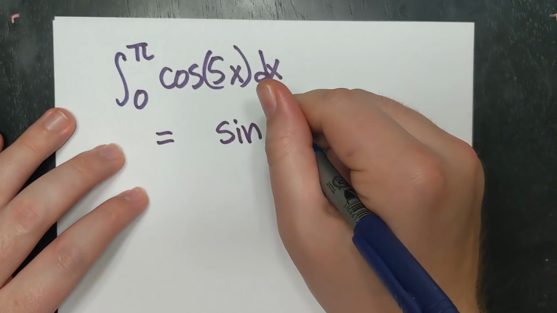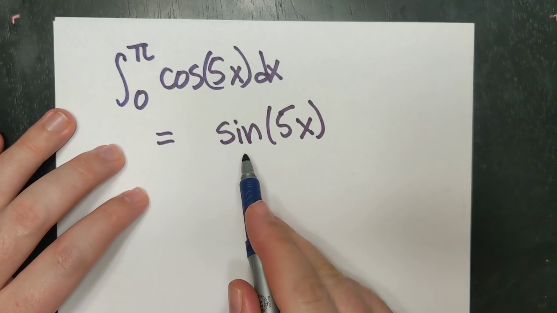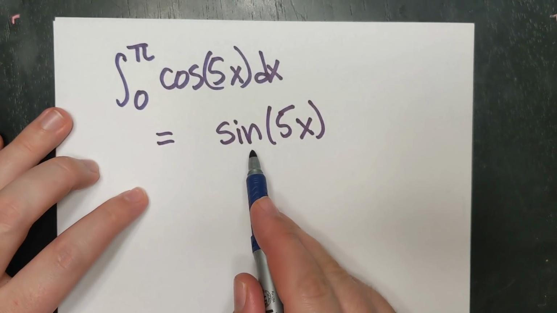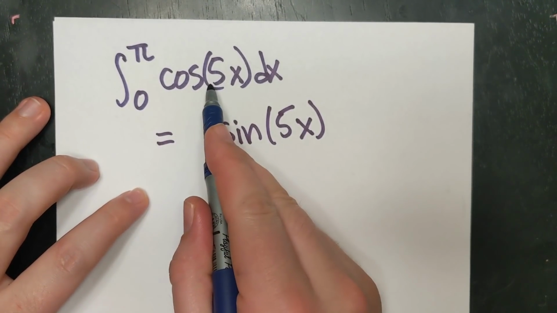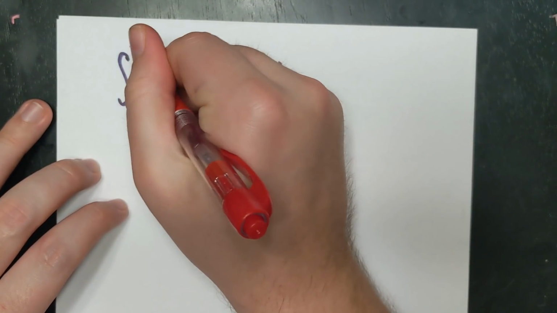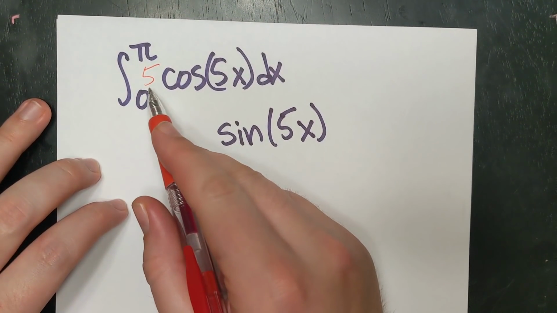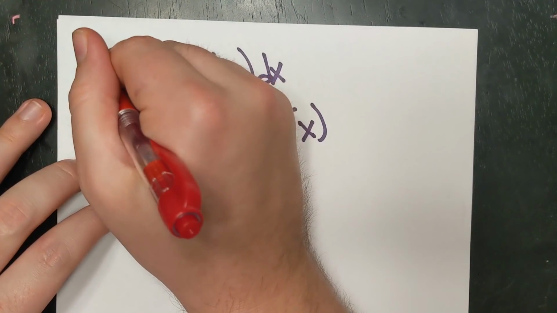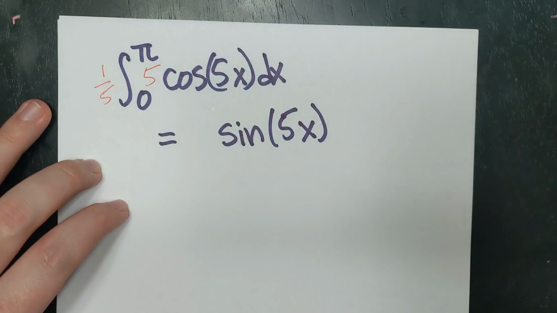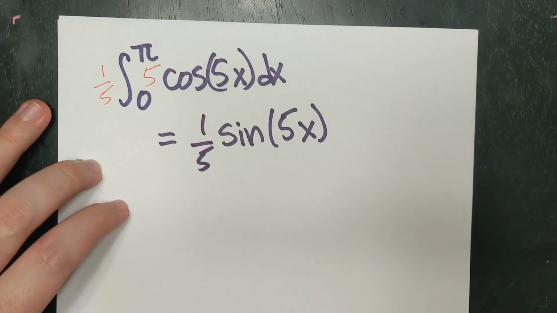So sine is its antiderivative. So you think that this should be sine of 5x. Except when you take the derivative of sine of 5x, you get cosine of 5x times 5. So there needs to be a 5 here before you can do this. But you can't just put that 5 there unless you also put a 1/5 out front. And so you end up with this extra 1/5 term.